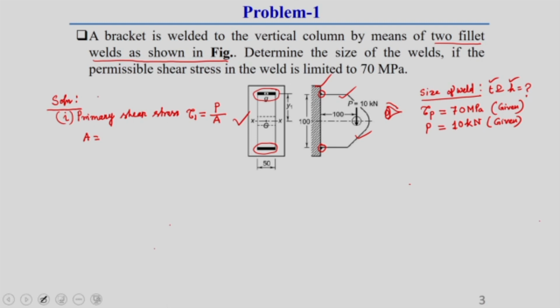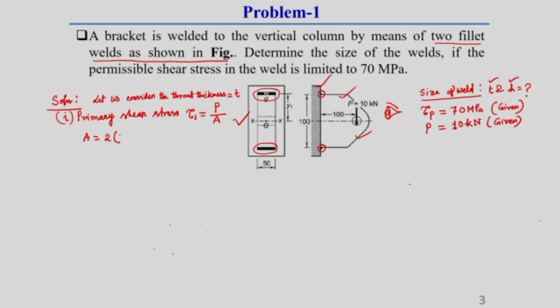Let us consider the throat thickness of the weld equal to T. The length of the weld is given as 50. We know two similar welds are there, so 2 into the total cross-sectional area of the weld at throat thickness. This you should keep in mind.